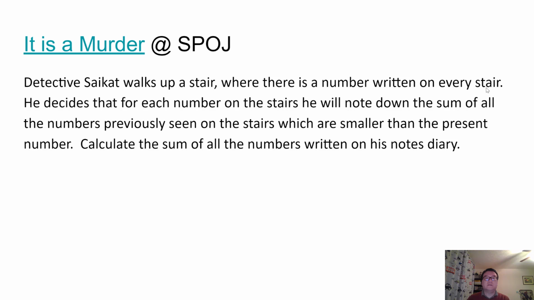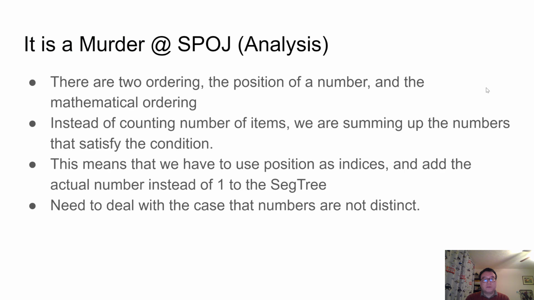So I guess that's a third quadrant. And here it's slightly different from the previous problem. Instead of counting how many things are in there, we want the sum. But we can easily do that in a segment tree by computing the sum. We just put the value into the segment tree instead of just a 1 or 0 indicator. So that's pretty much it.